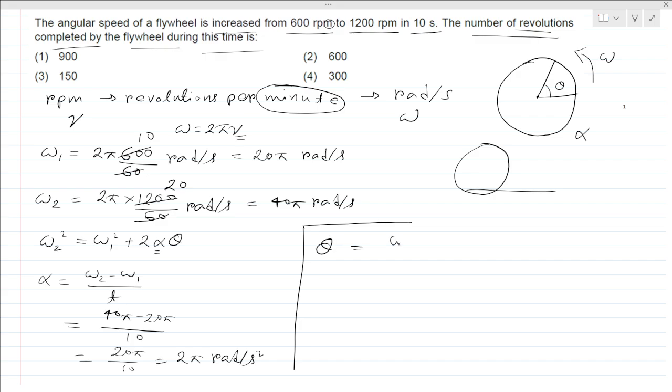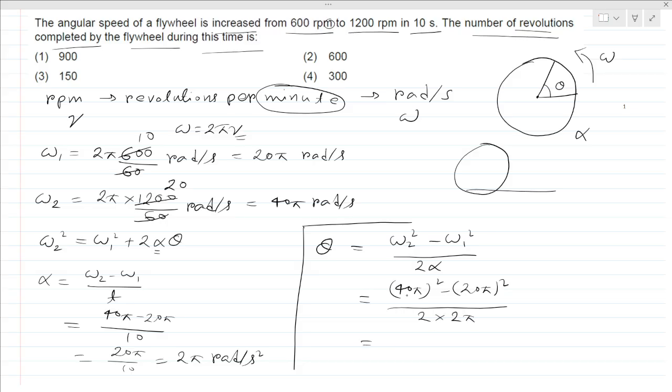Now we want to calculate the value of the angular displacement, that is theta. So it should be omega 2 square minus omega 1 square by 2 alpha. If you put the values, it is 40 pi square minus 20 pi square by 2 into 2 pi.